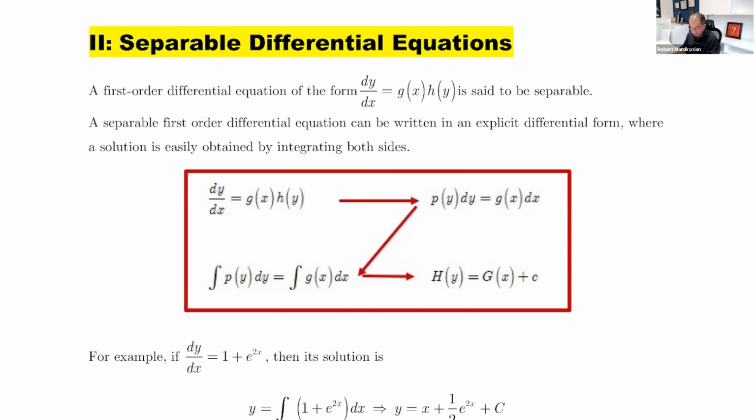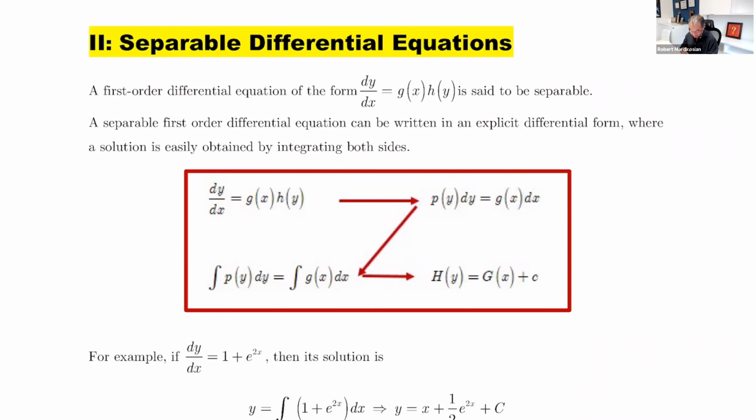So basically you have to separate the variables and then integrate both sides. When you start, you're going to be given an equation like this, g of x times h of y. Separating them means you take all the terms with y and put them with dy, and all the terms with x and put them with dx.